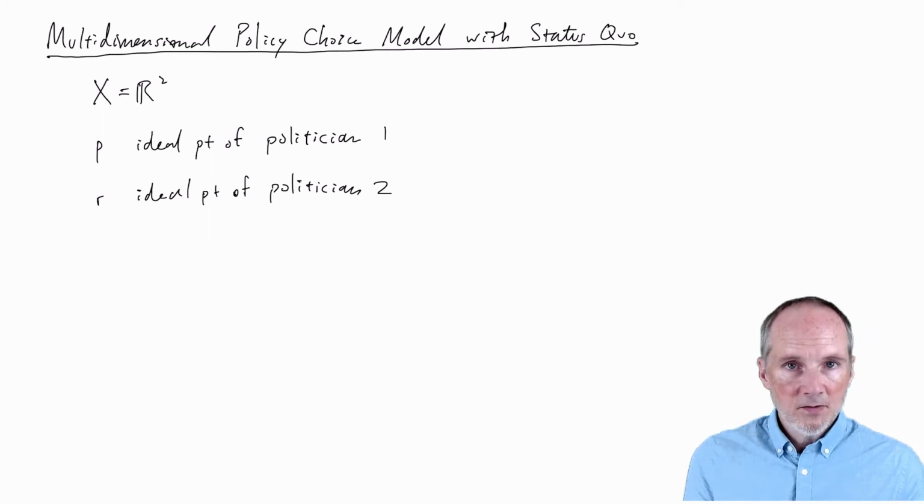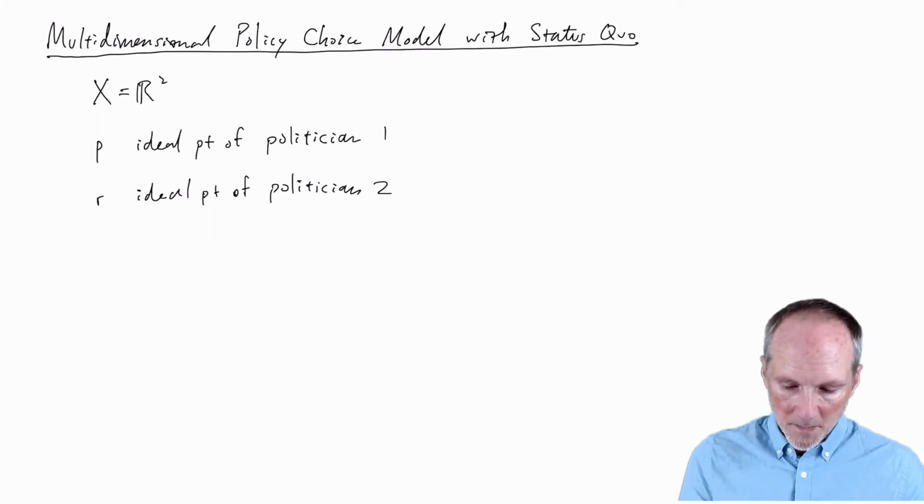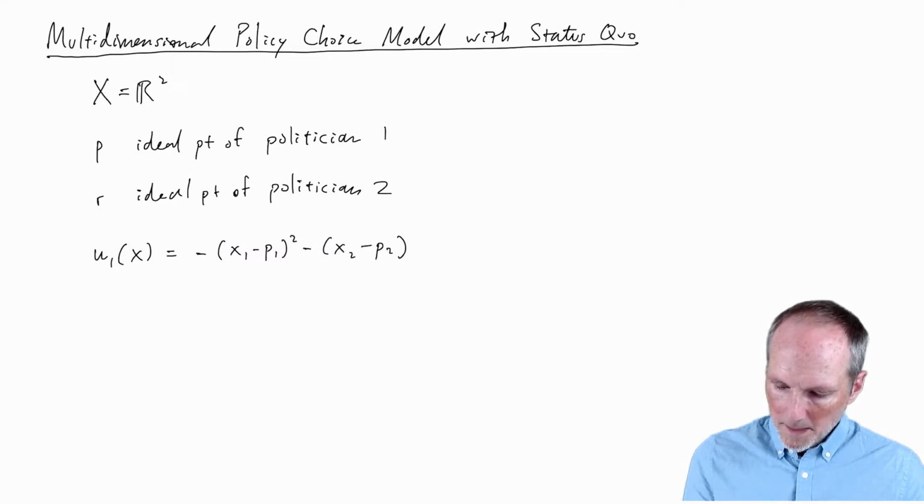Both these guys have Euclidean preferences. So the utility of politician 1 from any policy, if I expand it, is minus (x1 minus p1) squared minus (x2 minus p2) squared. And then for the second guy, same thing, but using their ideal point instead of the first guy's.